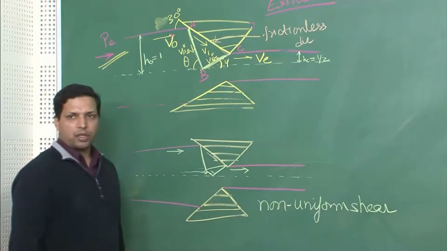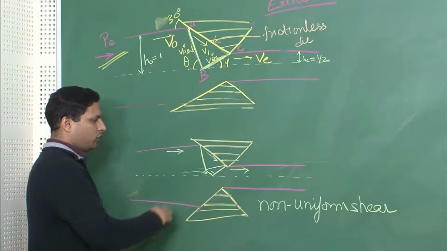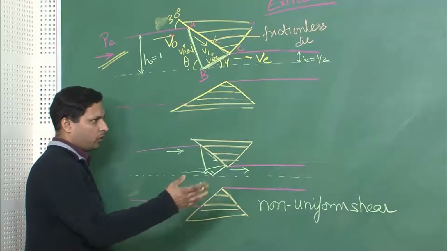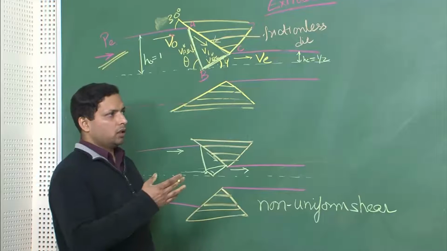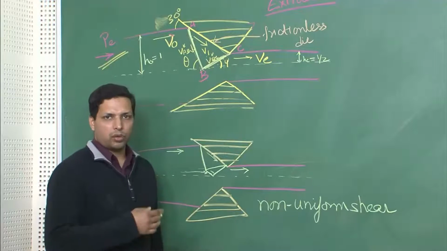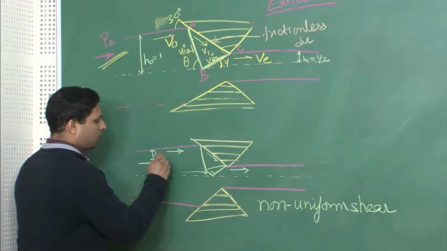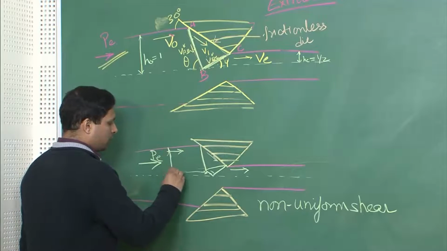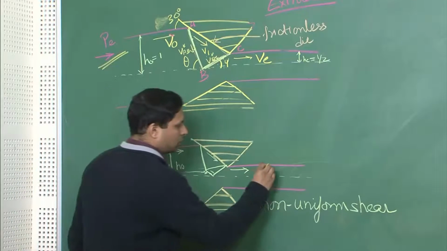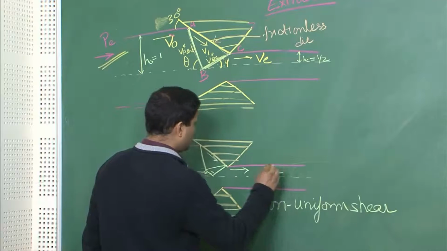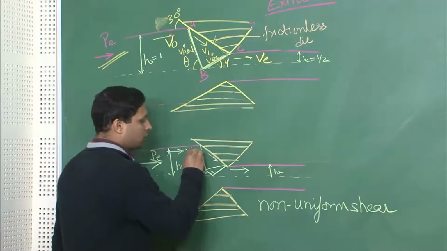And you can follow the same process for this. You can generate a hodograph, and from the hodograph you can again equate the rate of external work to the rate of internal work and get a relation for PE, given that this is H naught, this is HE, and you will have V naught and VE.